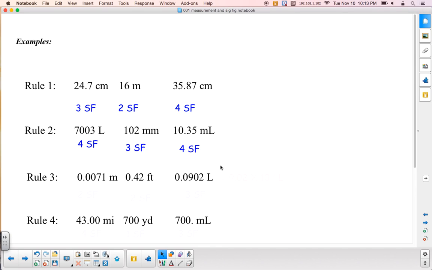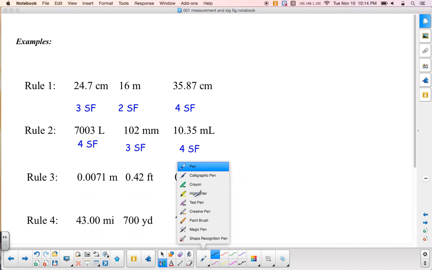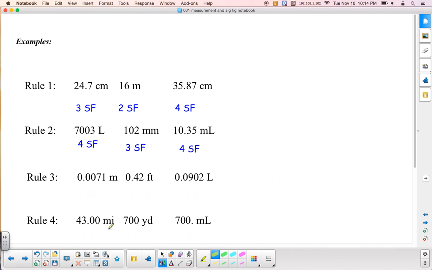Rule number 3 is that leading zeros are not significant. Essentially what this means is that when we are counting significant figures, we're not going to start counting until, as we move from the left, we have encountered our first non-zero digit. So as we move from the left, we have a 0, a 0, a 0.